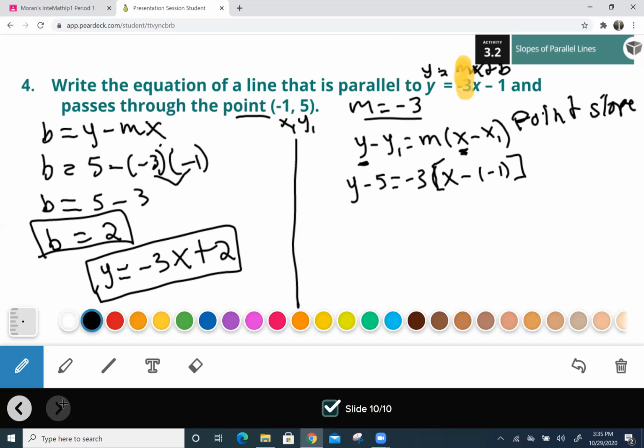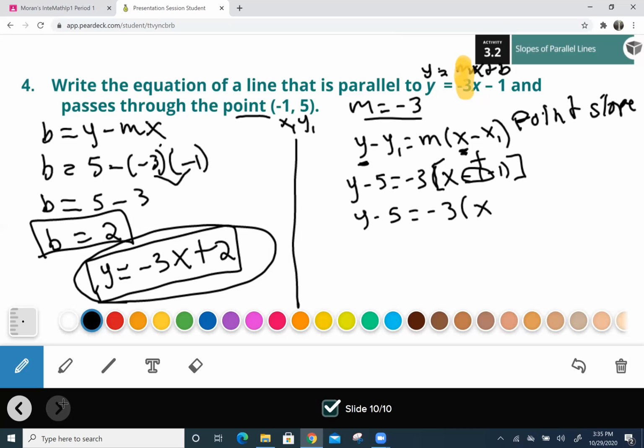Our math book or our test, they're going to say, write the equation in this form, y equals mx plus b, or general form. So you have to do a little bit more simplifying. So y minus 5 is equal to negative 3 times x, and then we have a double negative right here, so it makes it a plus 1.